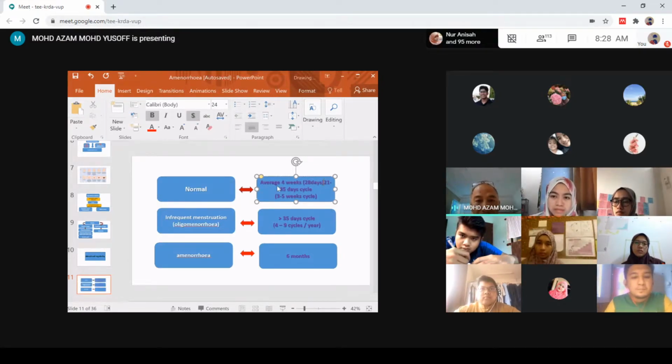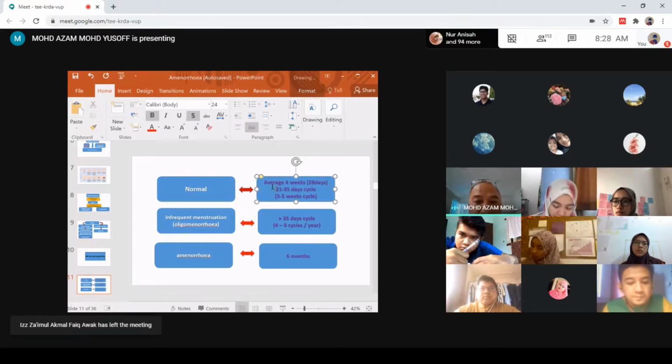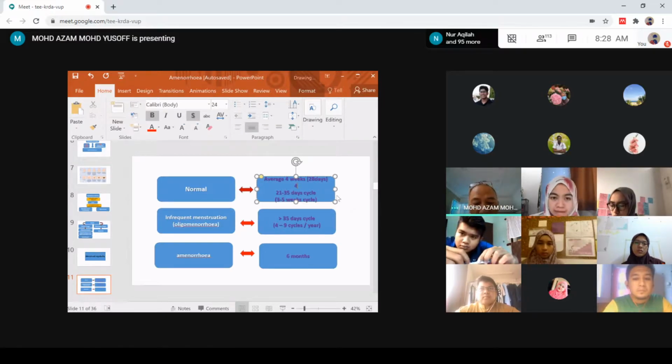Am I right? So the range is easier to remember: 4 plus minus 1 week. Easier to remember.